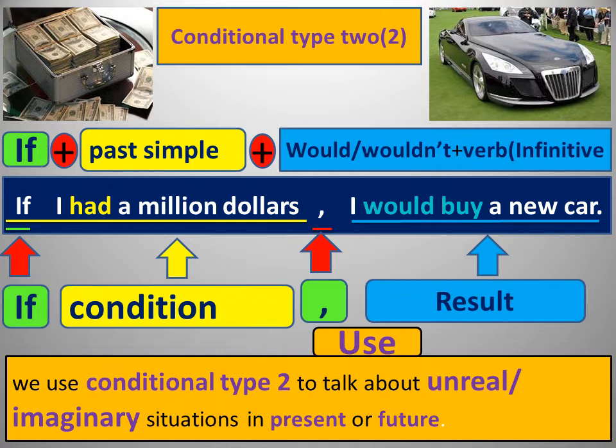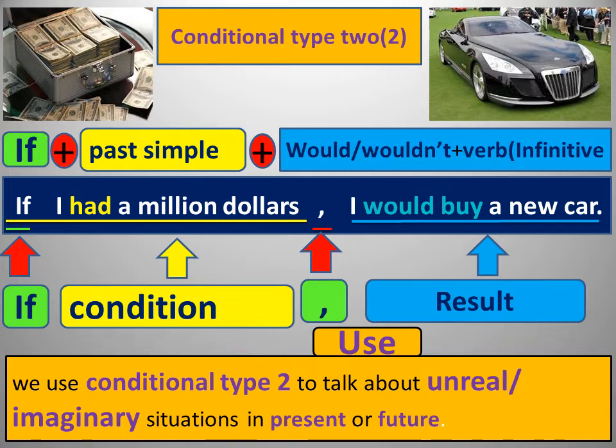Let's go back to the example again. If I had $1 million, I would buy a new car.